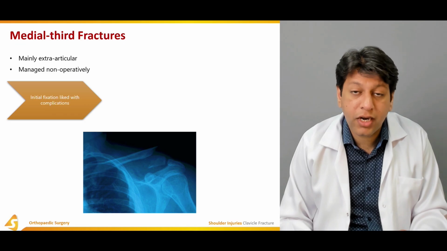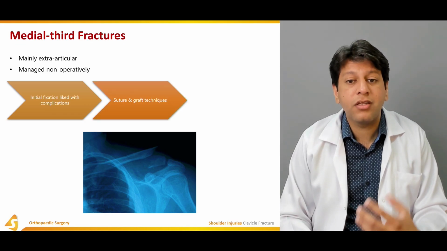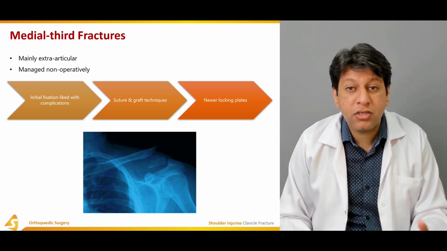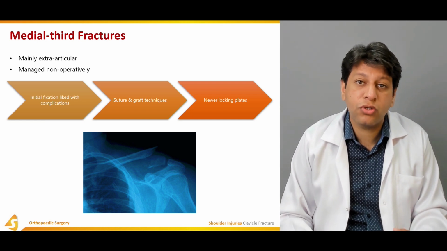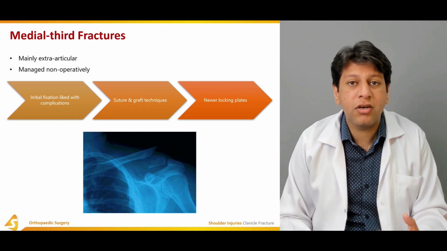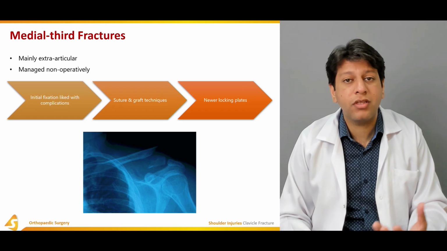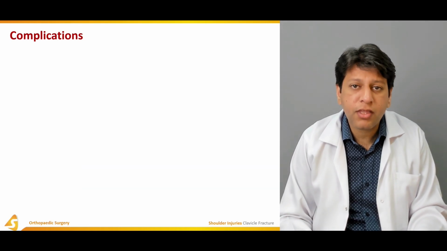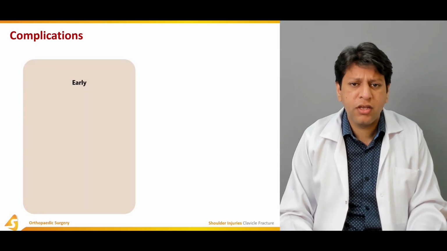So for that reason we need to fix it. There are different suture and graft techniques as well, and newer locking plates and staples have been introduced for the fixation of medial third clavicular fractures, along with posterior dislocation of the sternoclavicular joint.